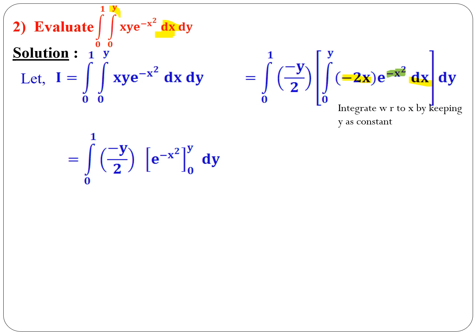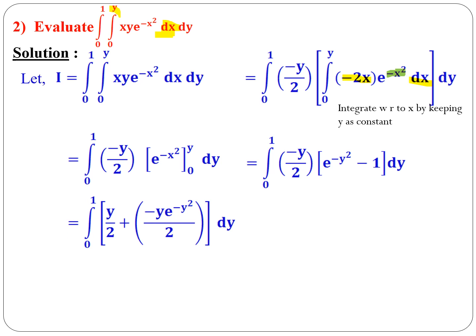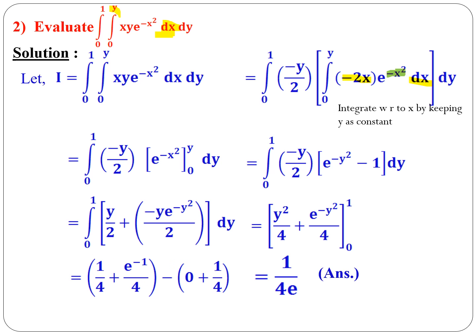Put the limits 0 to y and you will get this thing. Now you have to integrate again: put minus y square equal to t, and you will get this as an integration. Now put the limits 0 to 1, you will get this expression, and the final answer is 1 upon 4.